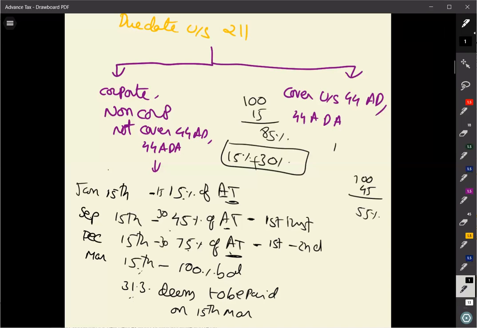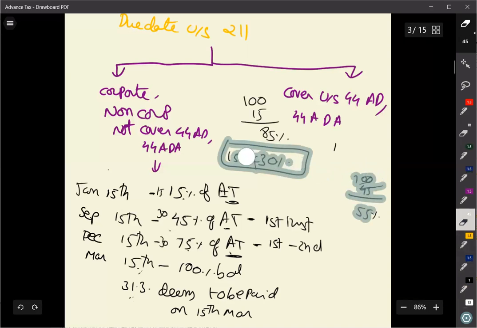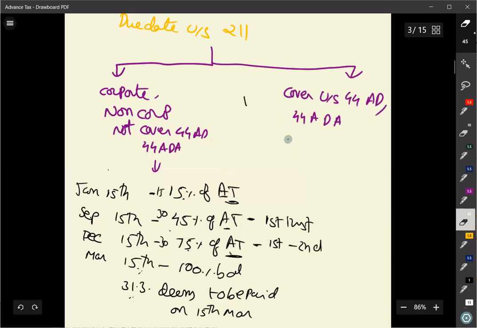So that's the case where advance tax is to be paid by the company, or by non-corporate assessees who are not covered under section 44AD or section 44ADA. So that's the first part of this topic. Second part: if you are covered under 44AD and 44ADA, only one due date will be there.